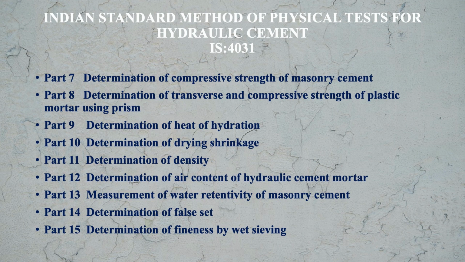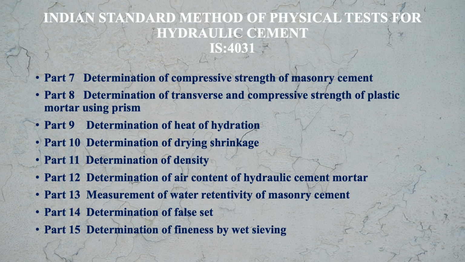Part 9 deals with determination of heat of hydration, whereas part 10 deals with the determination of drying shrinkage, and part 11 deals with determination of density of cement, whereas part 14 deals with the determination of false set.